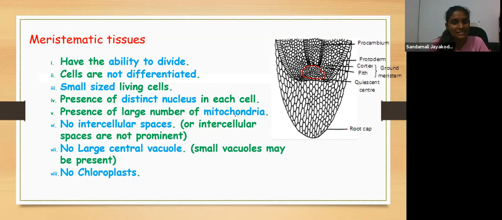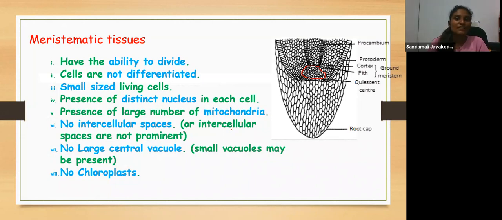Then they want more energy, so to produce more energy they should have more mitochondria. Another feature is no intercellular spaces. There is no intercellular space between the cells. All are packed together.